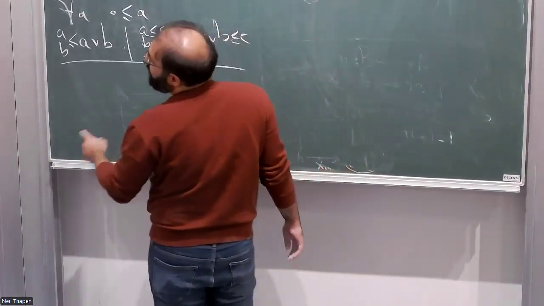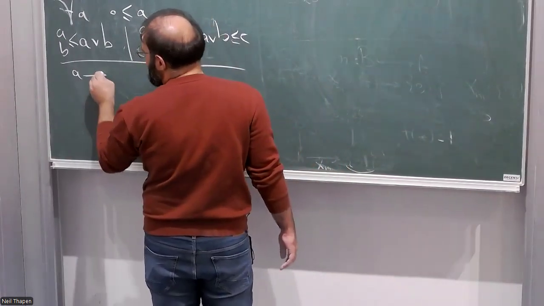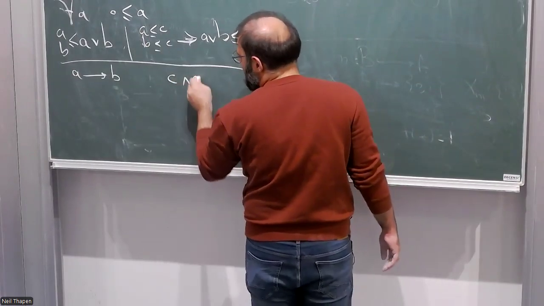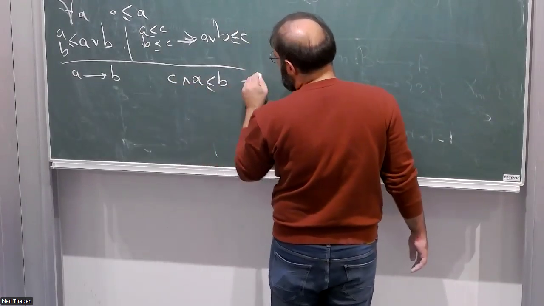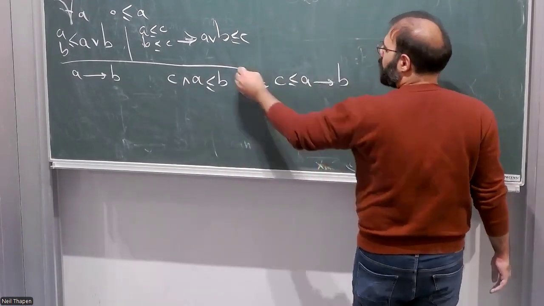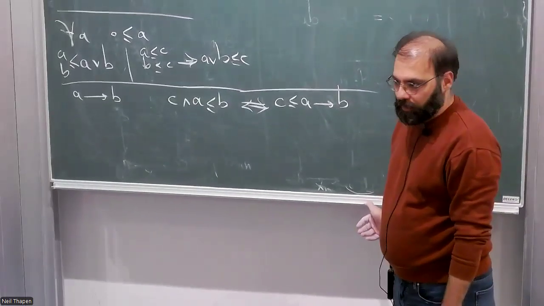And then if I simplify the exponentiation here, for any A and B, you have something with this property: C and A is less than B if and only if C is less than A implies B. Just the usual intuitionistic implication, if you like.